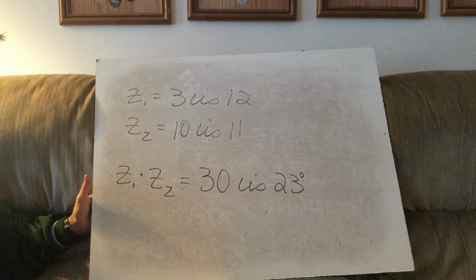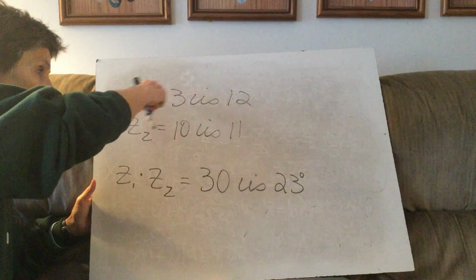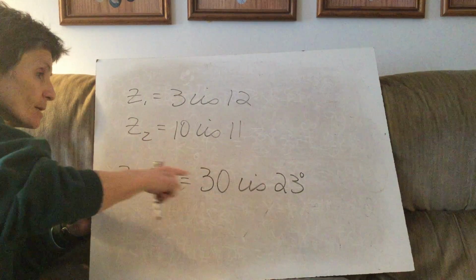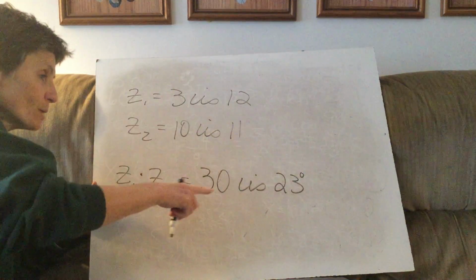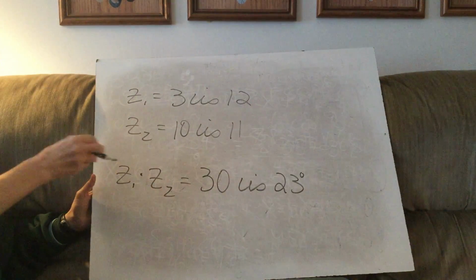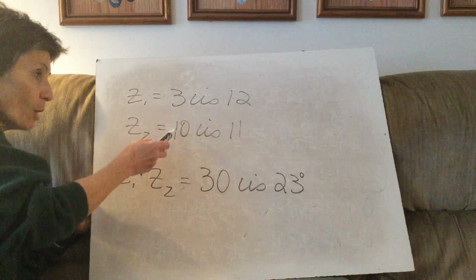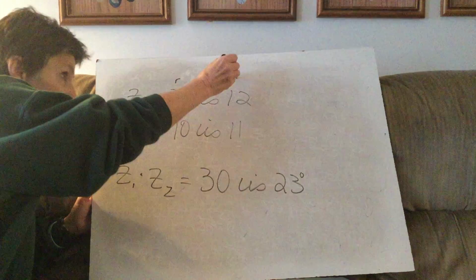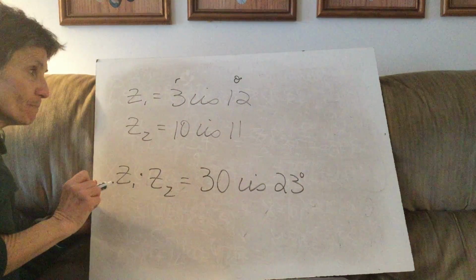Now, can you figure out how I got from the problem, which is these two numbers, to the answer, which is their product? I multiplied these two numbers together. Notice that's a 30. 30 came from multiplying the two r's. Remember this is r and this is theta. So whatever the r's are, you multiply them.